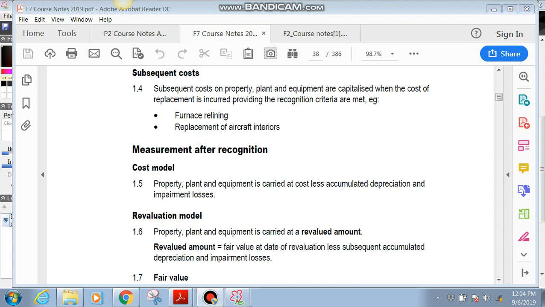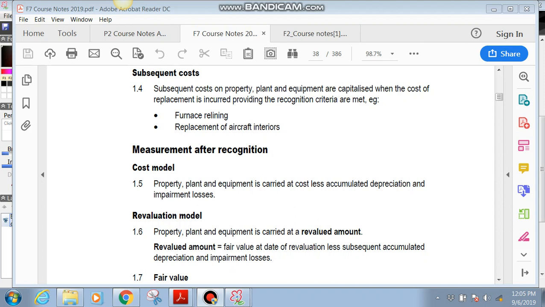So, measurement after recognition. The standard allows the entity to either continue with the cost model, in which case the PPE will be measured at cost less accumulated depreciation and impairment losses, if any. The entity can also choose to carry the asset at revaluation model.